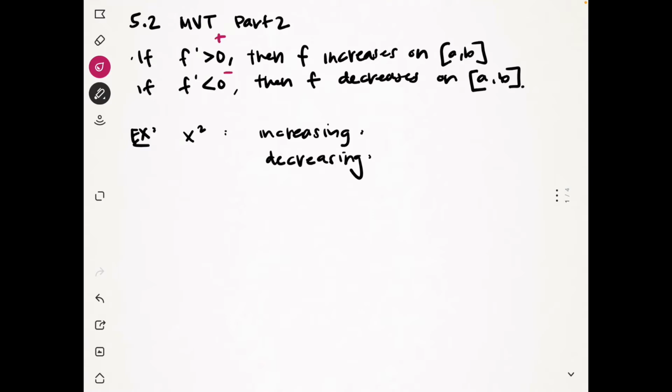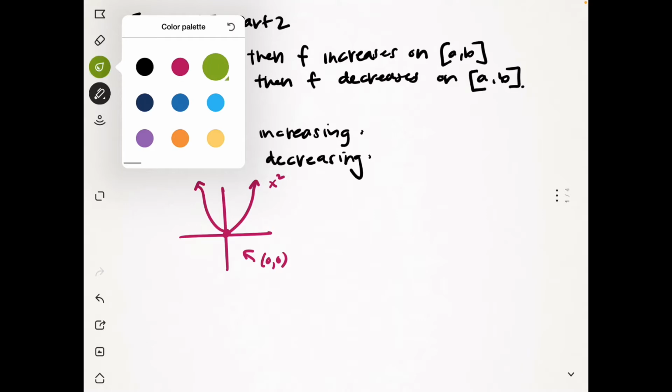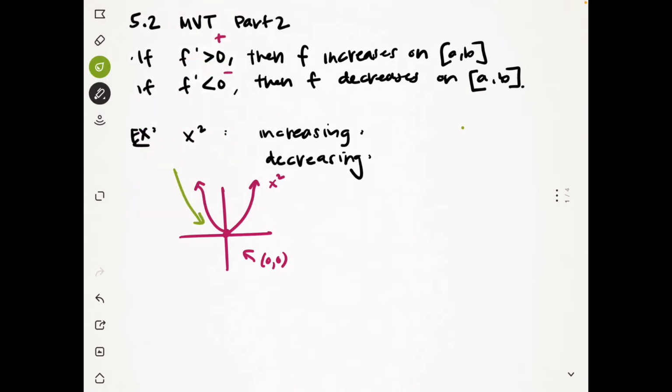So if we look at x squared, we're super familiar with it. It's a parabola. Our vertex is at 0, 0. So we can tell that this is decreasing from negative infinity all the way until we hit the vertex.